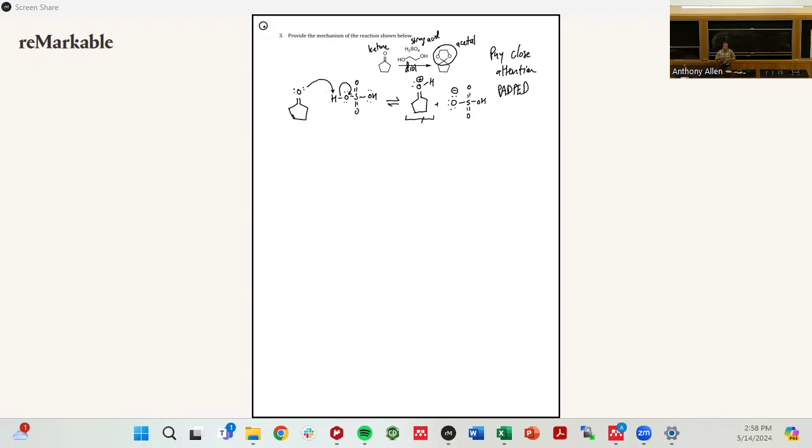So what has it lost essentially? Electron density. If something loses electron density, it wants to get back to being neutral. So it's become a better electrophile. So protonation, it would be a good thing to know that protonations make better electrophiles out of species.